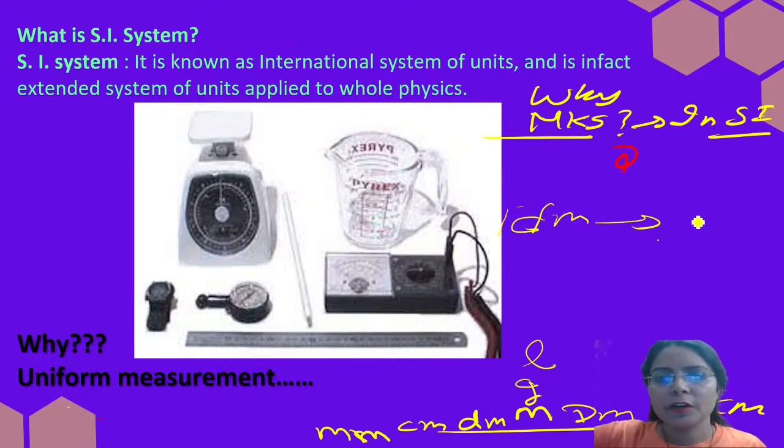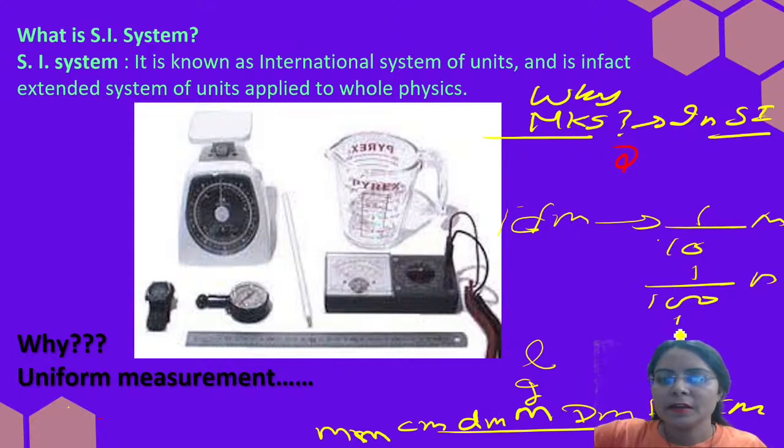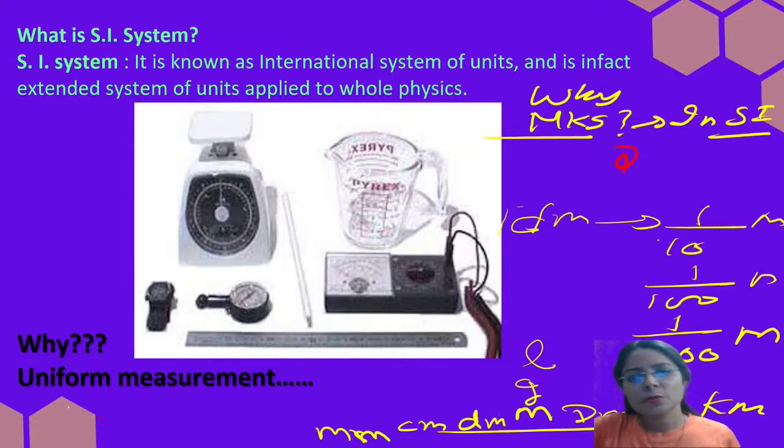I want to convert it into meter. Then what do I need to do? 1 upon 10 meter. If I need to convert it into centimeter, 1 upon 100 meter. If I have millimeter, then 1 upon 1000 meter. So the calculation is so simple.